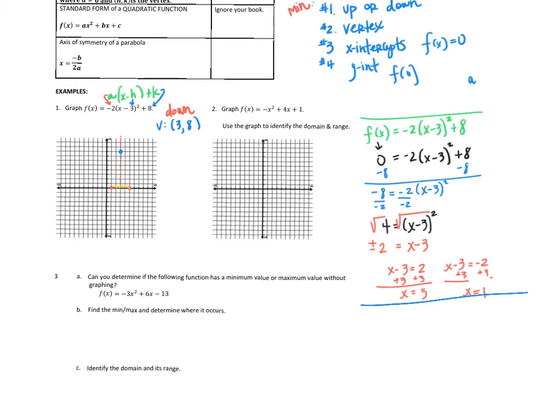So when you have your y-intercept, here's my function. I'm going to plug in x is 0, because f of 0 is when you're plugging in that 0 for your x value.